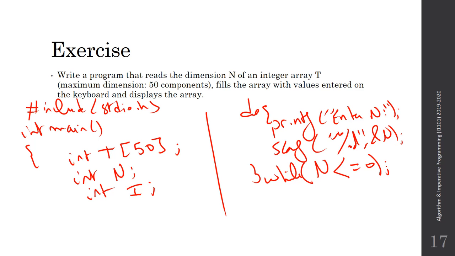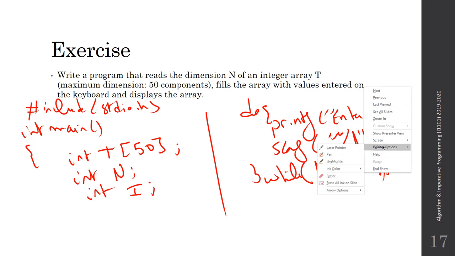So I need to read the n elements. n could be 5, could be 10, could be 20. And yes, we have forgotten that if the user enters 100, it will be problematic because we don't have a place. So here I need to modify it a bit. Let me erase the brackets and see what we will do.